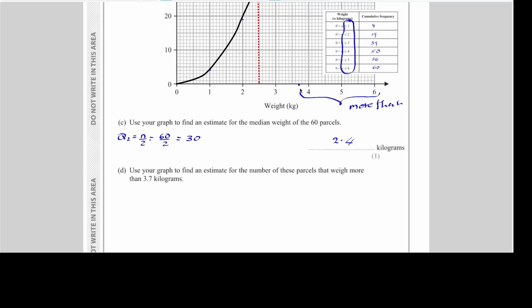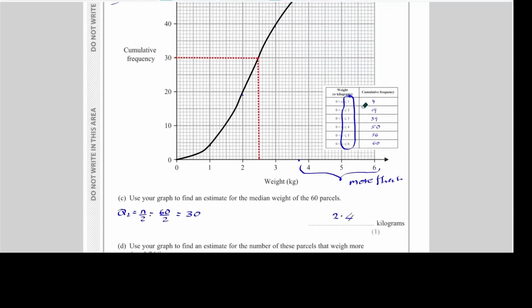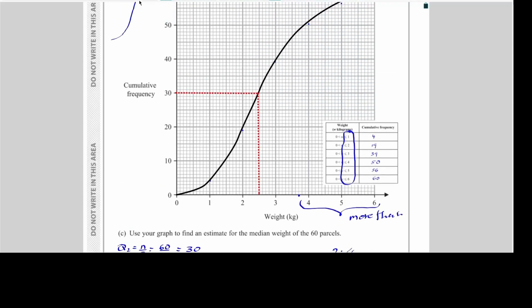So let's draw a line from here, 3.7, all the way here and here. So I'm getting the reading here, 48.